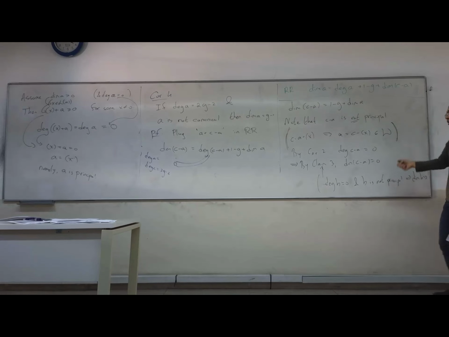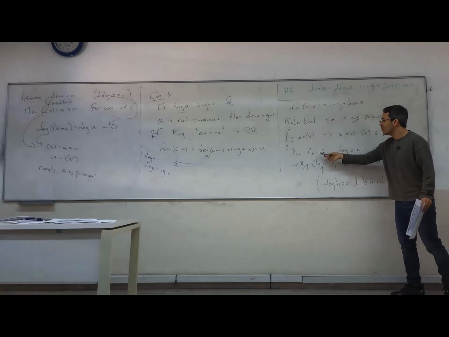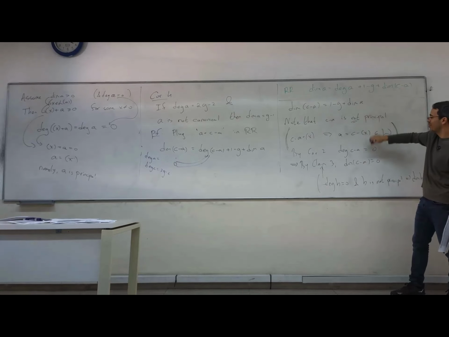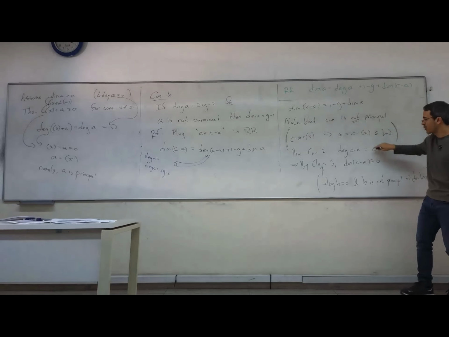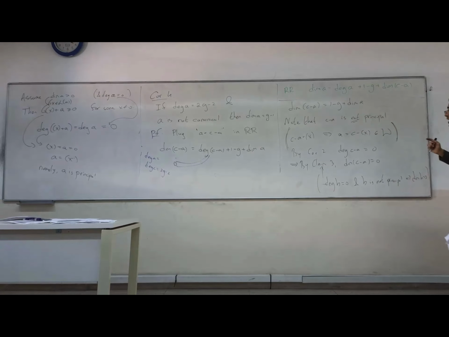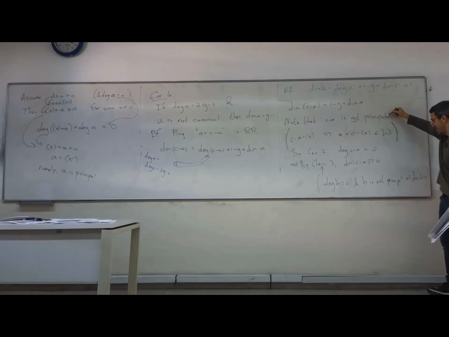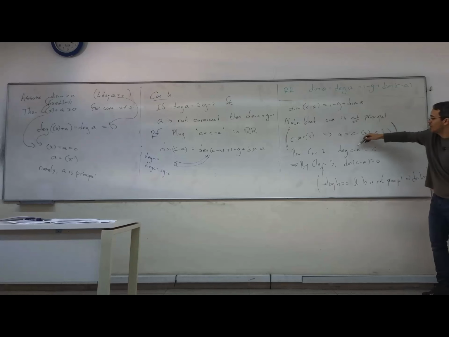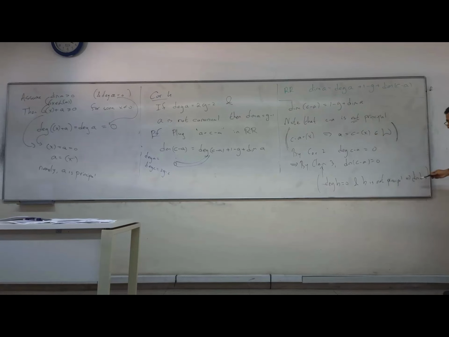Now continuing on. By corollary 2, we know that the degree of C minus A is 0, because that's 2G minus 2 and that's 2G minus 2. And now by claim 3, because we know that C minus A is not principal, and we know that the degree is 0, we are in this situation: the degree is 0, this is not a principal divisor, so the dimension is 0.